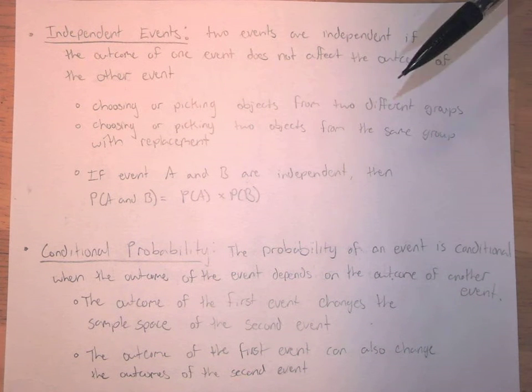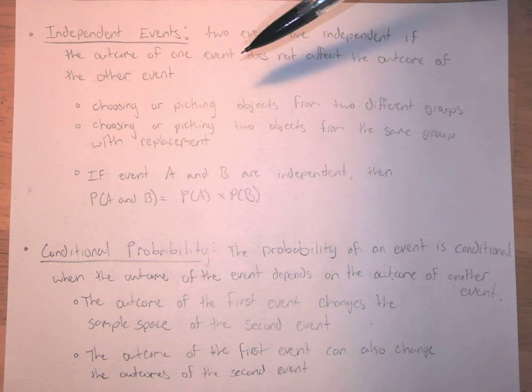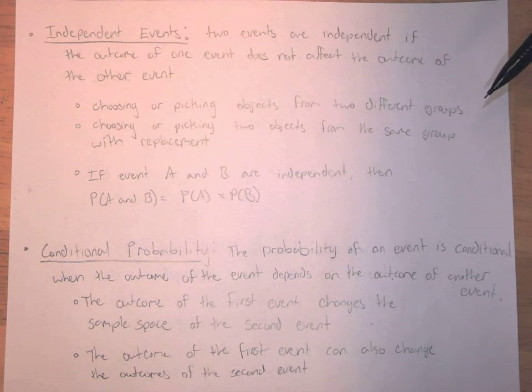Some examples of that we've seen is if you're choosing or picking objects from two different groups. One of the examples from 10.5 was, I want to choose a person from this class, and I also want to choose a person from this class. What's the probability that I choose both? Those are independent because you're choosing from two completely different groups, and whoever you choose from the first group doesn't affect whoever you choose from the second group.